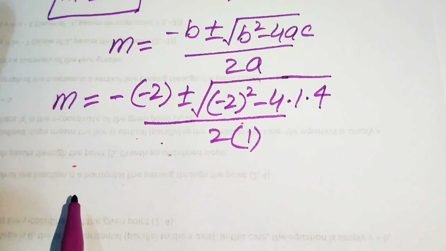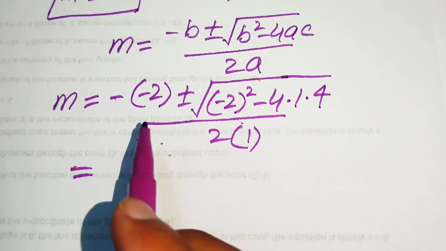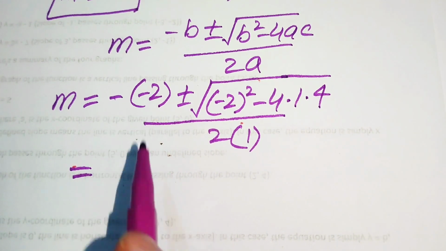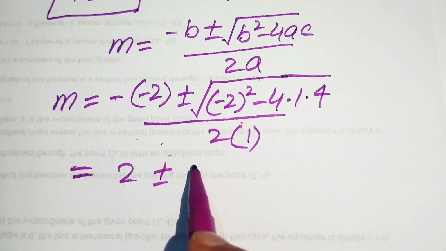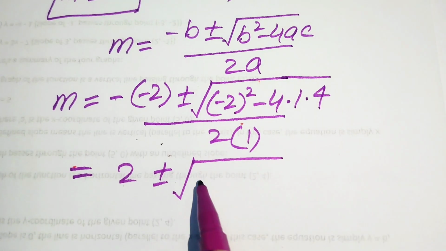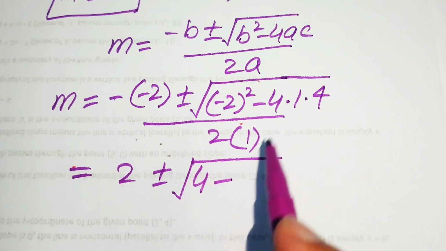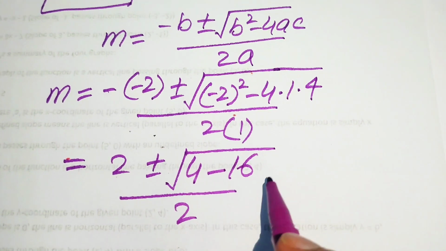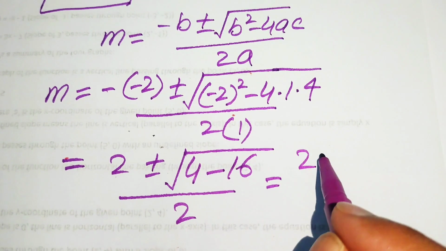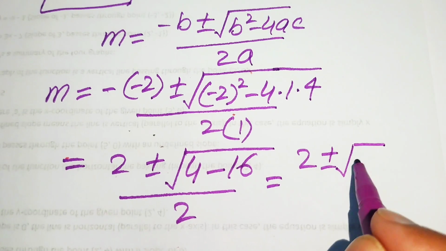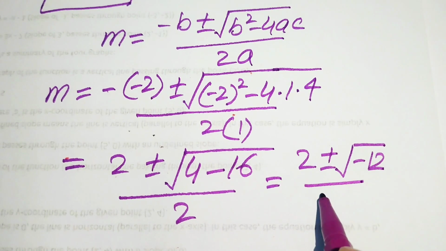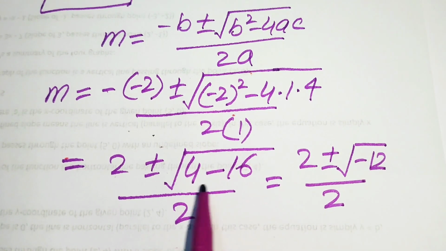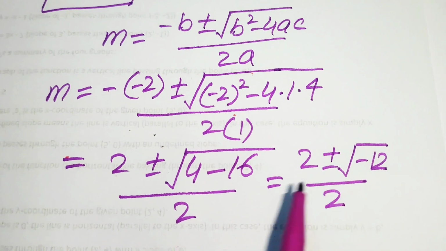So now in the next step, we just need simplification here, and minus times minus becomes plus 2 plus minus square root of minus 2 square is 4, and 4 times 4 is 16, divided by 2 times 1 is 2. And we write this equation as 2 plus minus square root of minus 12 divided by 2, because 4 minus 16 equals to minus 12.